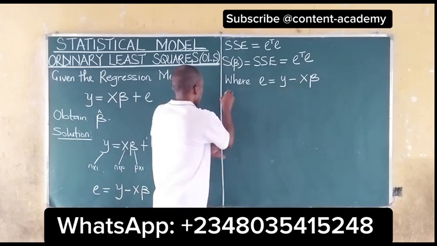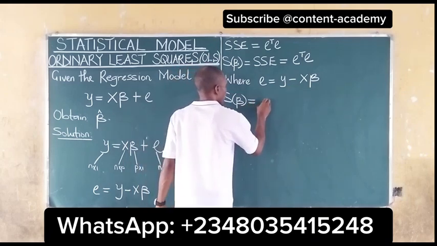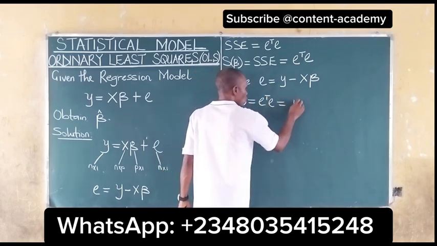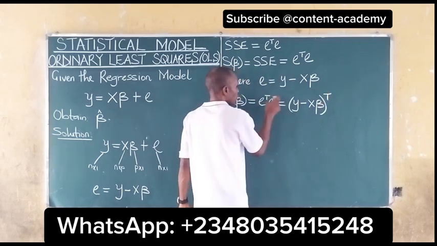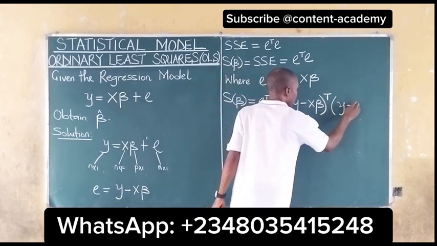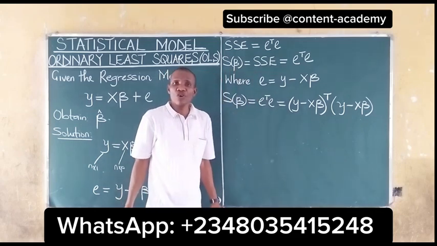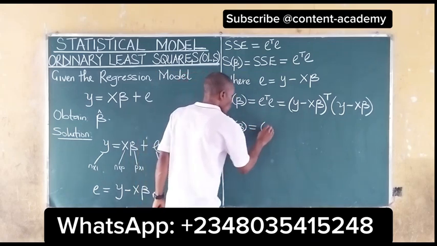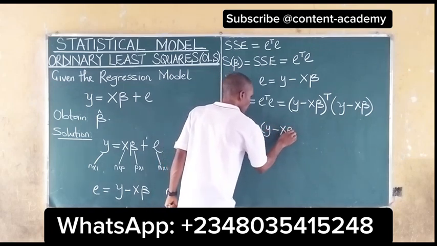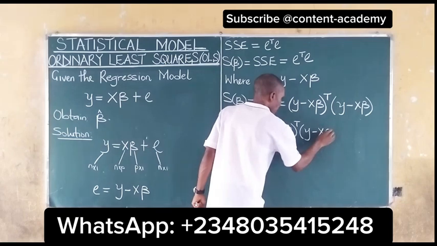We can write our objective function as e transpose e, which is equal to (y minus Xb) transpose multiplied by (y minus Xb).